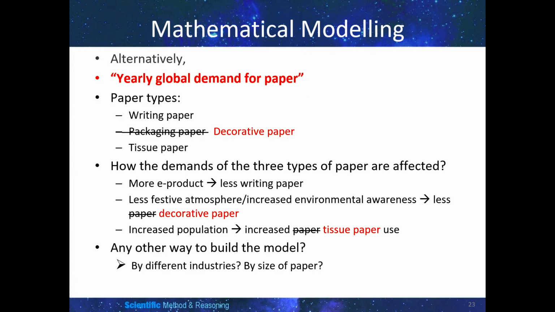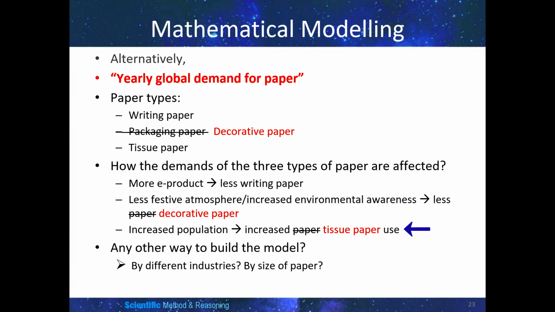As I have said, mathematical modeling is suitable for tackling open-ended questions, and this demonstration question is actually open-ended. So you can actually have different approaches to this problem. Say for the 3 types of paper, you may want to replace packaging paper with decorative paper. And you may also consider how the demands of the 3 types of paper are affected. Say if there is less festive atmosphere or increase in environmental awareness, you will have less demand for decorative paper.